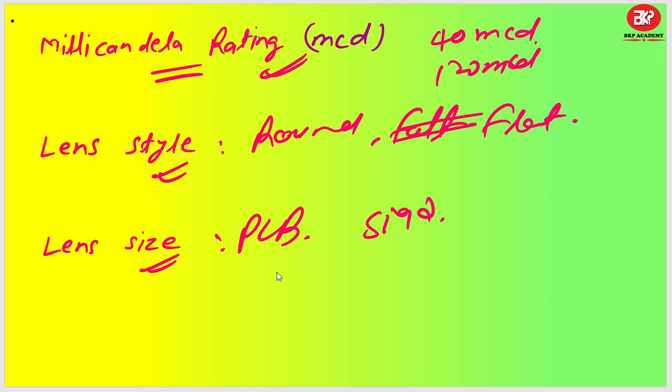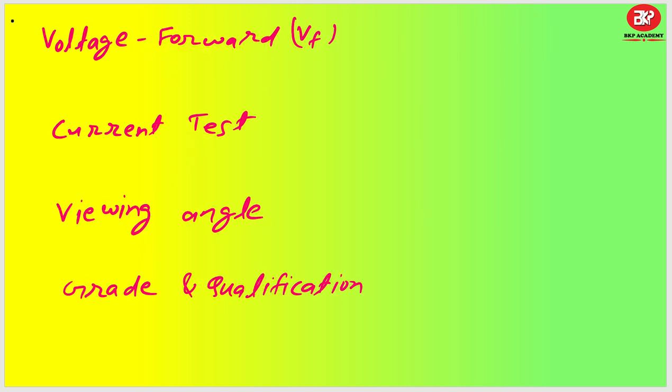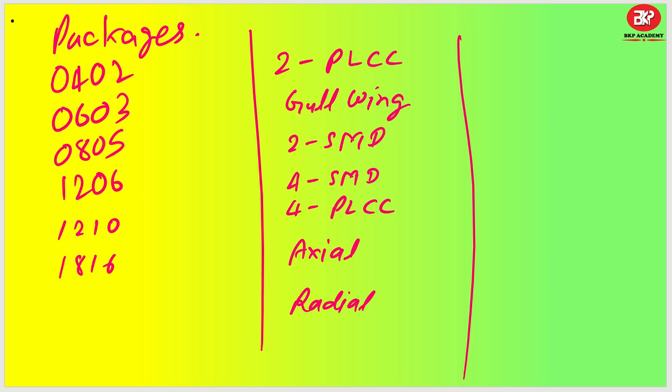So let us talk about lens sizes. In that, we can have a packaging. Some very standard packages are also coming these days. We have 0402, 0603, 0805, 1206, 1210, 1816. Various other parameters are also there in packages. Then some of the good packages are 2 PLCC, 4 PLCC, 5 PLCC, 6 PLCC, all these are there.